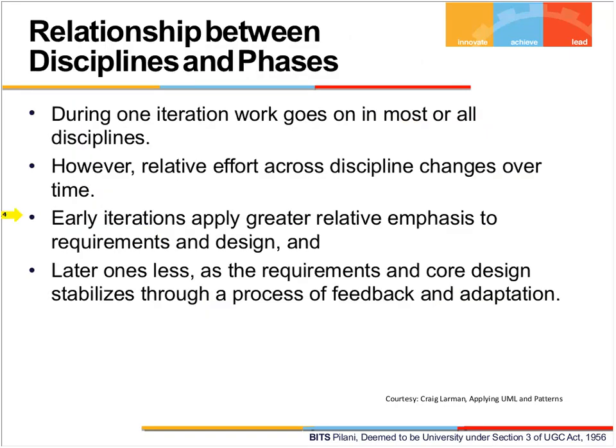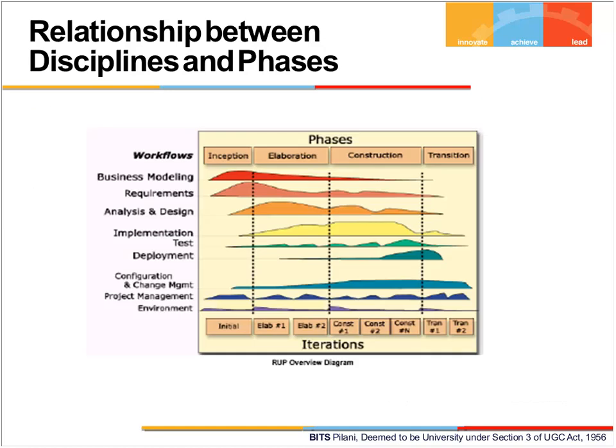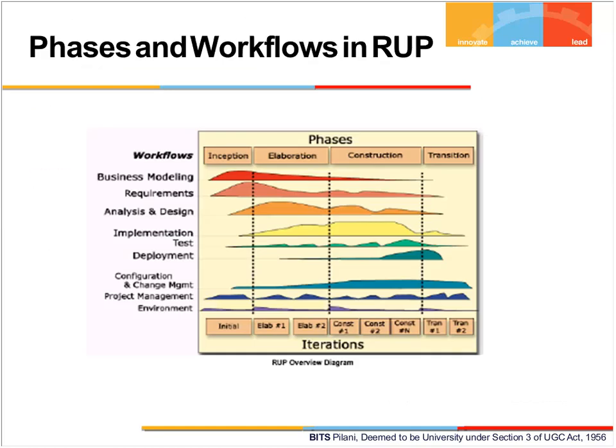So early iterations apply greater relative emphasis to requirements and design. This we saw earlier. So the initial phases have more emphasis on requirements and design, right? So they have their peak: business modeling, requirements, analysis and design have their peak in the early iterations, right?